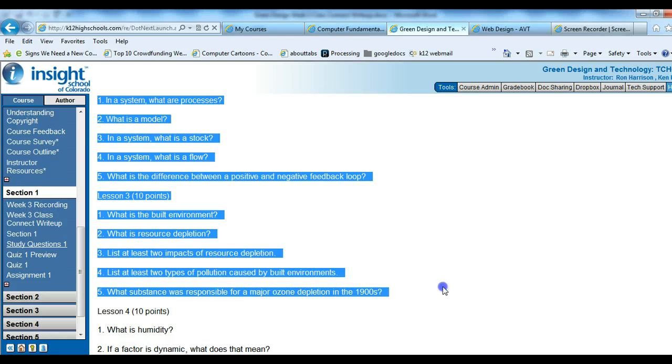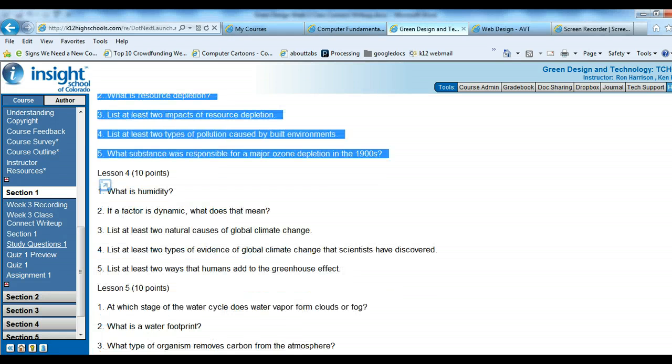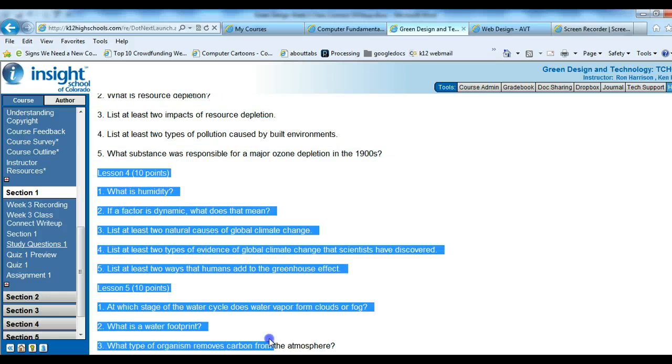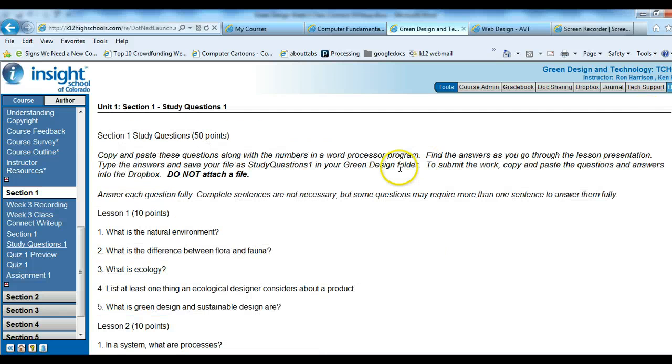And you do those in a word processor, and you're welcome to go ahead and do the answers for lessons 4 and 5, and then get the whole thing turned in. But the way I'd like you to turn it in is into the Dropbox, not as an attached file. That way I can more easily grade it and give you much better feedback on it. But that's the work for this week.